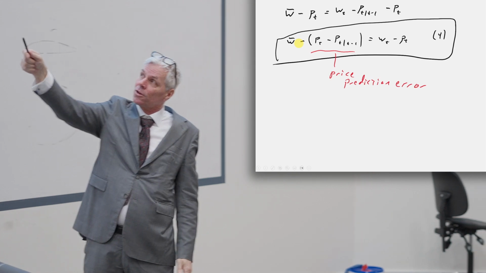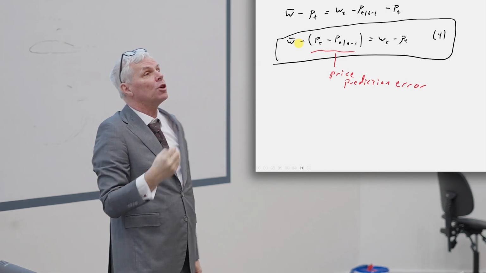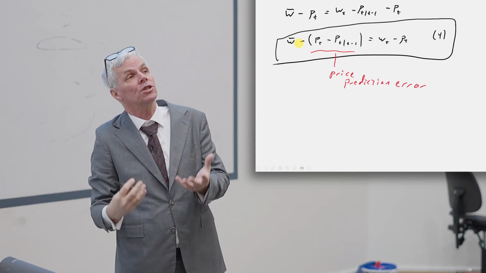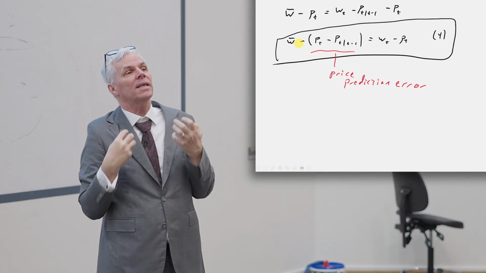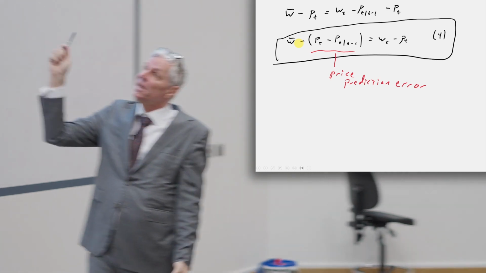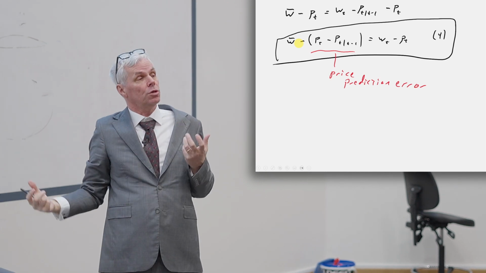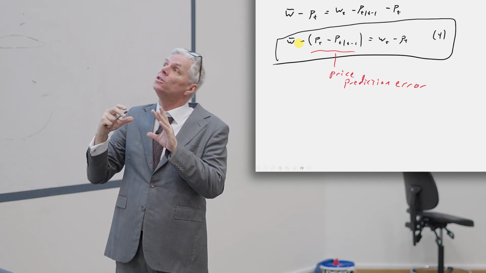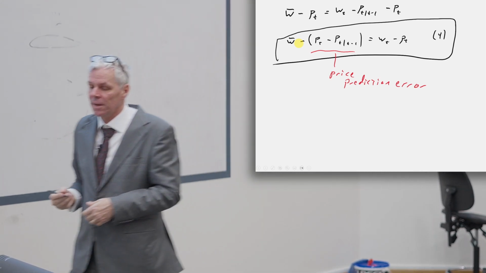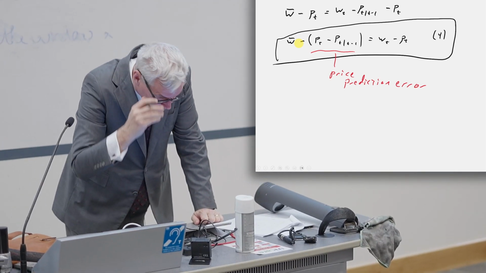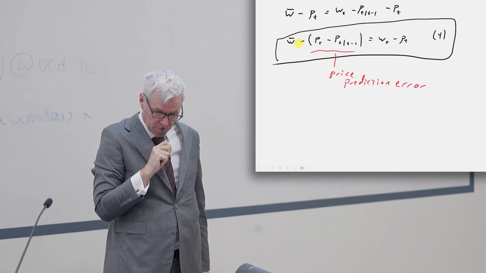So there's nothing novel or particularly shocking about this, but I'm emphasizing it a little bit because we have a story. You've seen the story, you've seen the graphs. We're telling the same story in math, and I want to emphasize the sameness of this story. That if we guess the price wrong, that's going to affect our real wage. If we guess it too low, our real wage will be too high, and if we guess it too high, our real wage will be too low. Okay? Right? Because another way to write this same equation is, well, yeah, not helpful. Let me not switch it over.